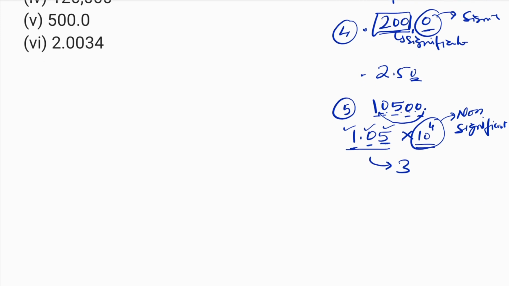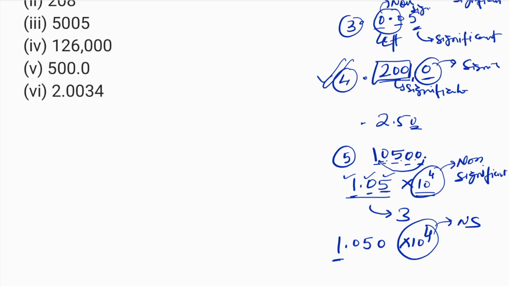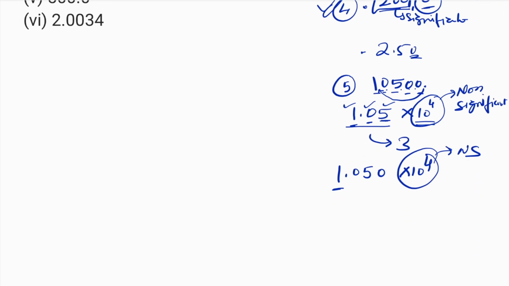Once again, we can write the same number in another way: 1.050 times 10 to the power 4. The power of 10 is non-significant, but here the 4th rule comes in: to the right hand side of the decimal, a zero is significant.